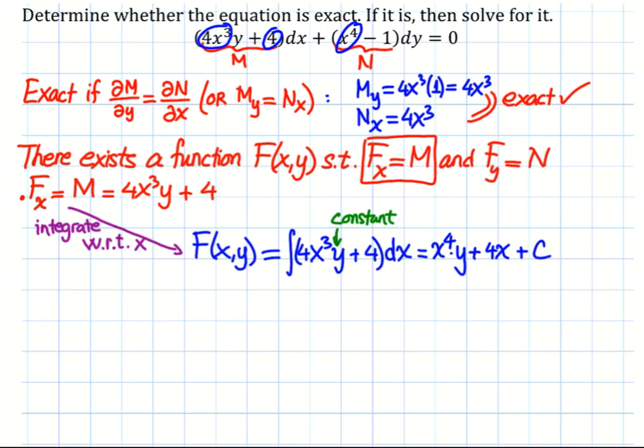But notice that this constant is independent of x. So instead of plus a constant c, we will write a constant as a function of y, because with respect to x, any function of y would be a constant. So the first step is to integrate M with respect to x.